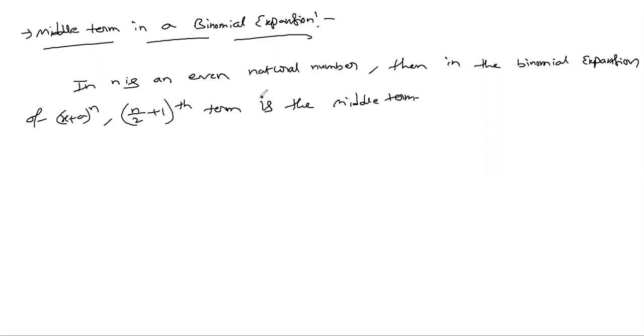Why? Because whenever n is even, for example, let us consider n is 10, then the number of terms will be 11. Among these 11 terms, you can observe the sixth term will be the middle term. So the (n/2 + 1)th term will be the middle term. That's why we have written here that the (n/2 + 1)th term is the middle term whenever n is even in the expansion (x + a)^n. I think it is very clear for you.